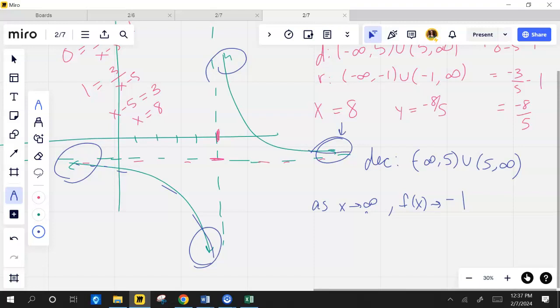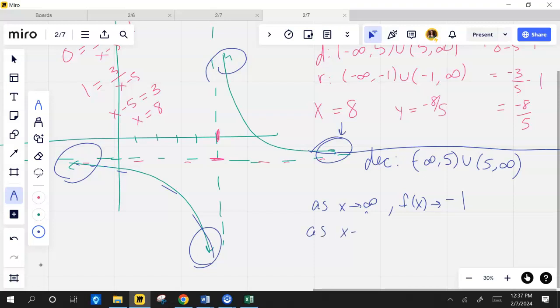Look, it's hugging this asymptote all the way down, but it never crosses. So as x goes to the right, the graph gets closer and closer to negative 1. It will never be negative 1, but it doesn't ask me, does it equal negative 1? It says, what does it approach? It approaches negative 1.